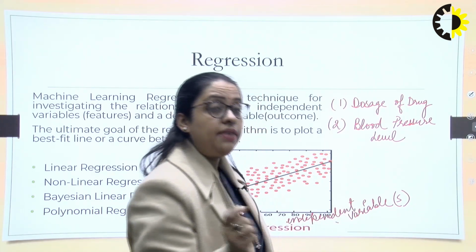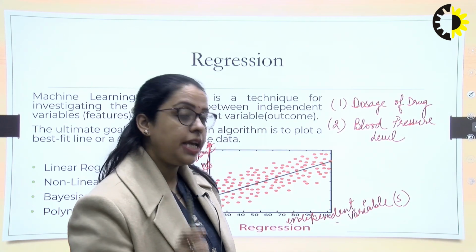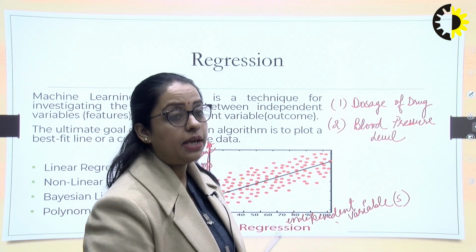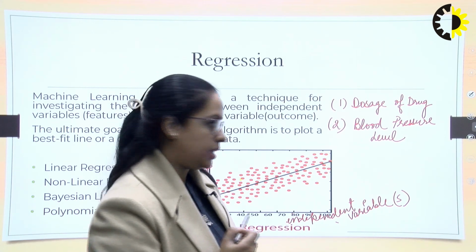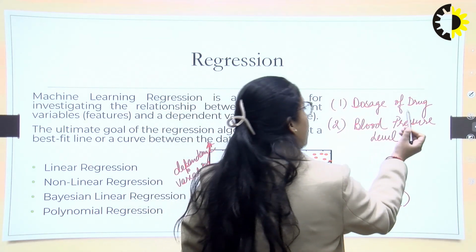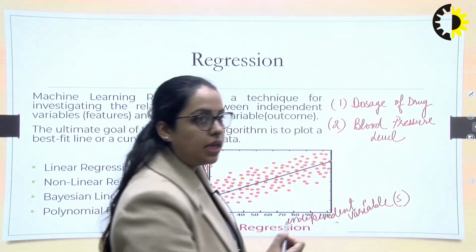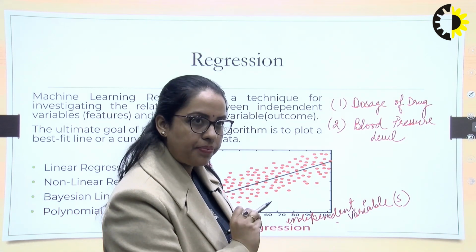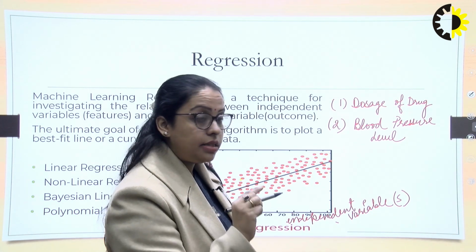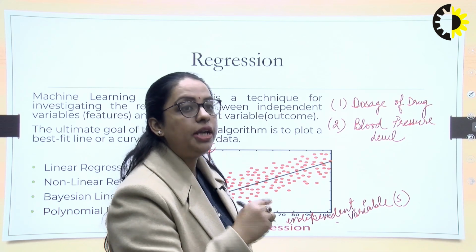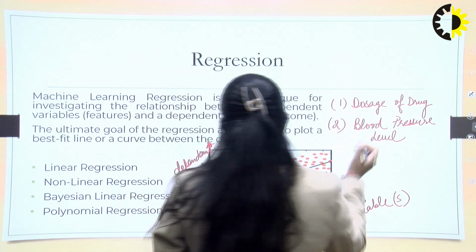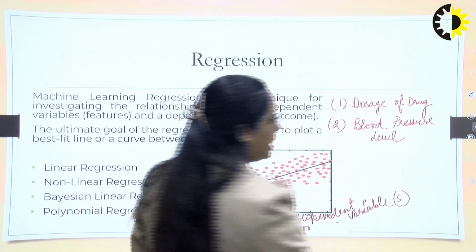Now, first thing, very important, is to identify which one is the dependent variable and which one is the independent variable here. Dosage of drug is being offered to a patient, and this particular parameter has no dependency on any other parameter. So, dosage of drug is here the independent variable.